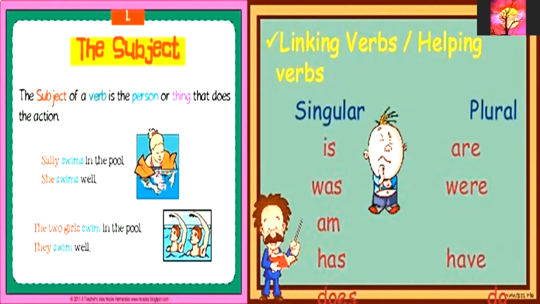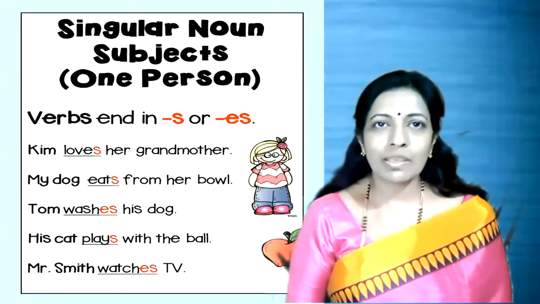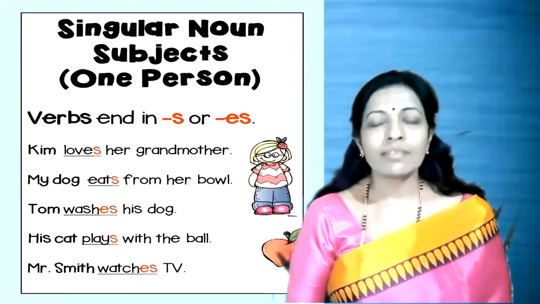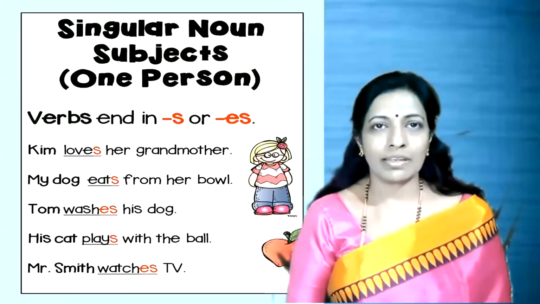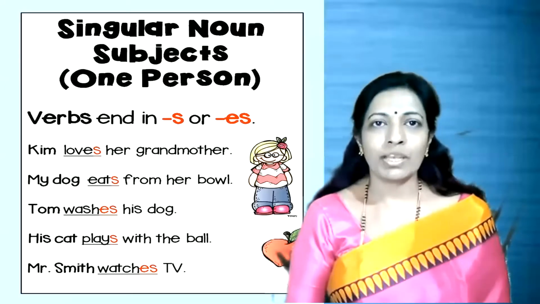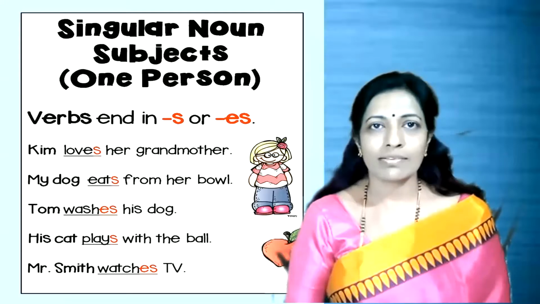Let us now see how we need to match the subject and the helping verb or the verbs. When the subject is a singular noun, that is, there is only one person who is the subject in the sentence, then usually the verb will end in S or ES.